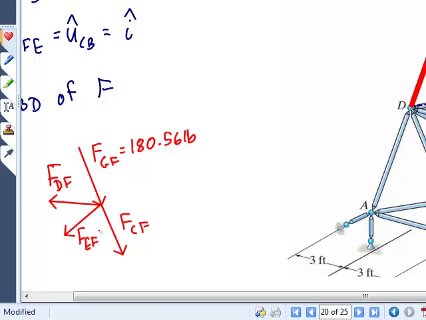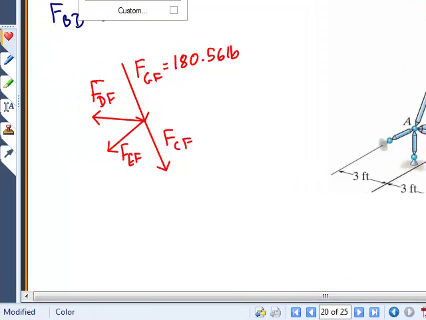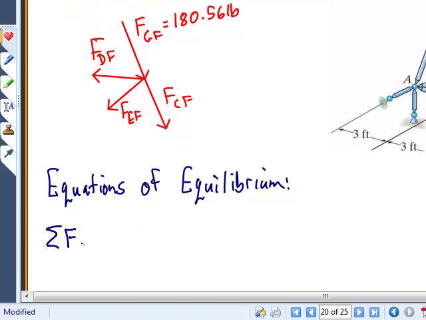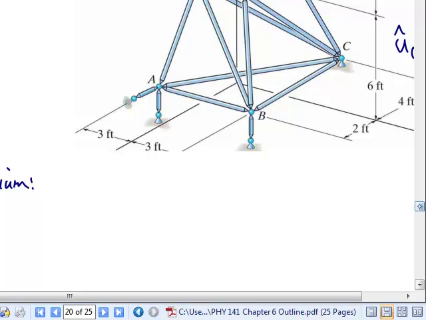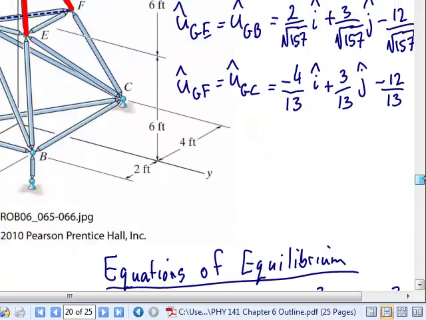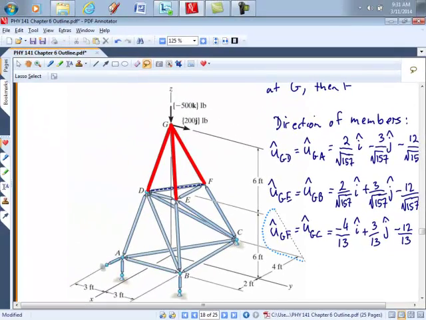All right, so I've got 3 unknowns. We'll write our equations of equilibrium. All right, so we've got the net force in the x direction equals 0. Let me just copy that one over as well.